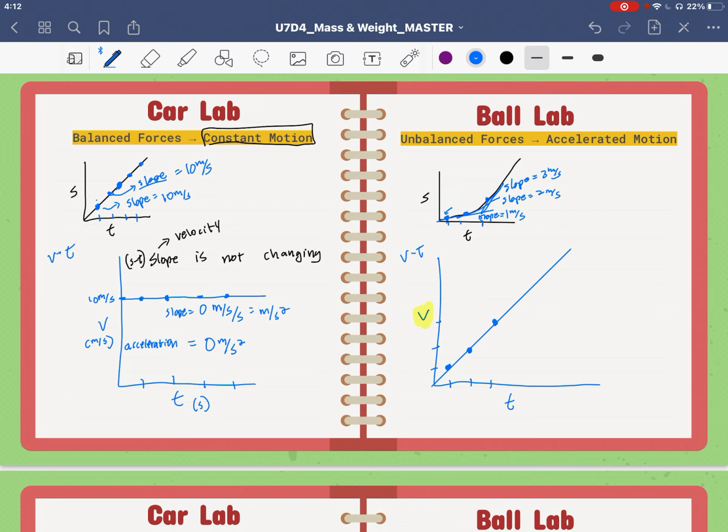The acceleration tells me how does the velocity change over time. No change in velocity over time, which means there's no change in acceleration.